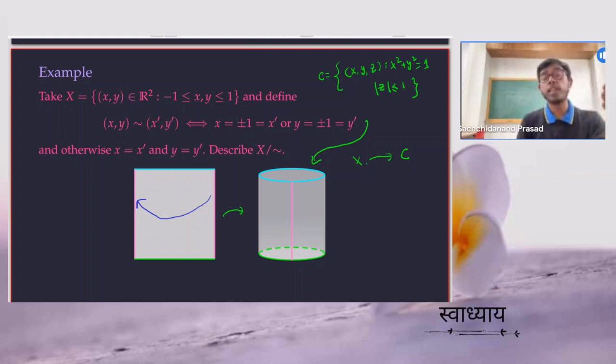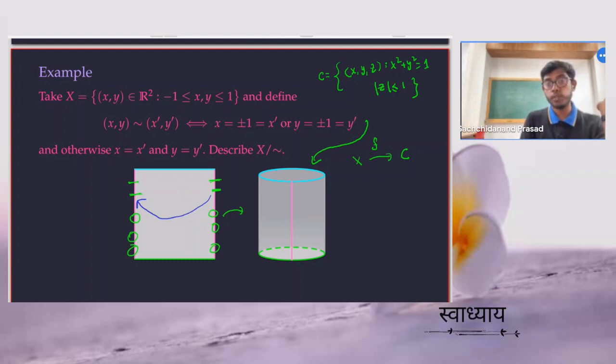So again, we have to find a continuous map from this square sheet to the cylinder which preserves the equivalence relation. That means this f should match on these points. So the value of f at this point should be equal to the value of f at this point.